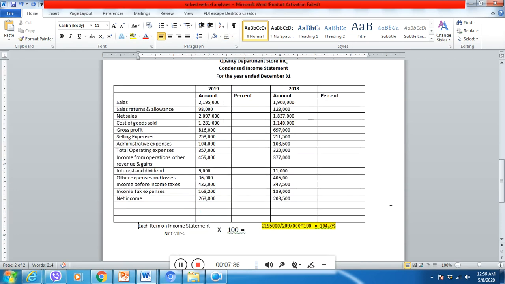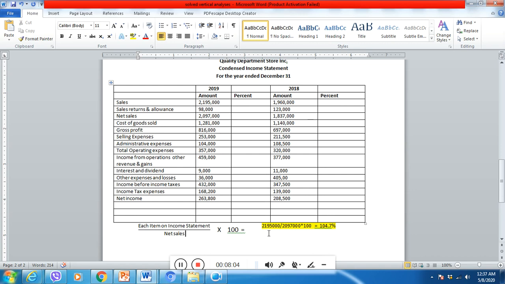Now kindly keep in mind the rule, the formula of vertical analysis: each item on the income statement divided by net sales. Here, net sales is the base amount. I have written the formula: each item on the income statement divided by net sales, the base amount, multiplied by 100, and you will get the value.